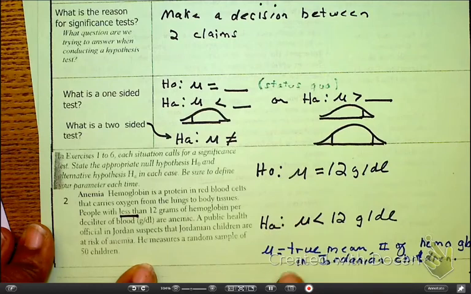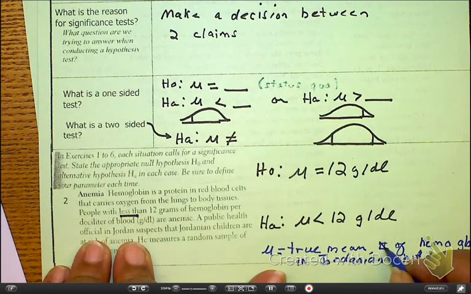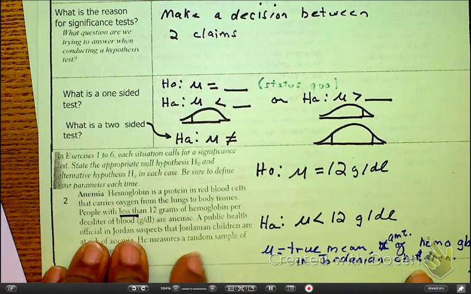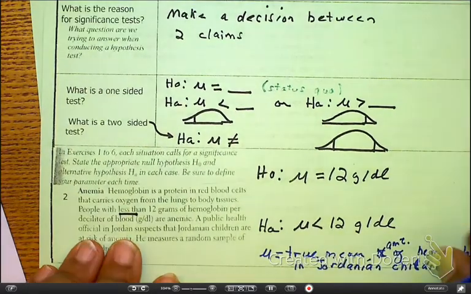Well, in this case, it's the true mean amount of hemoglobin in the Jordanian children. Tried to cross an L. So sad, so sad. Okay, so let's now go to problem number 4.